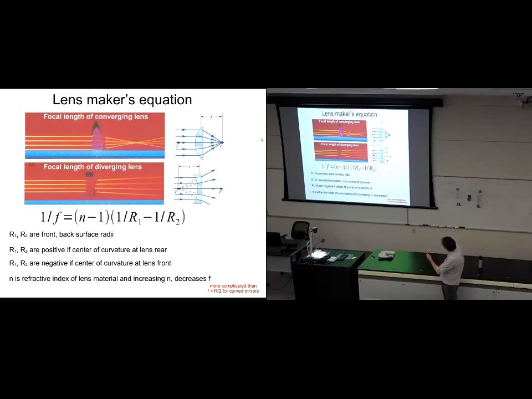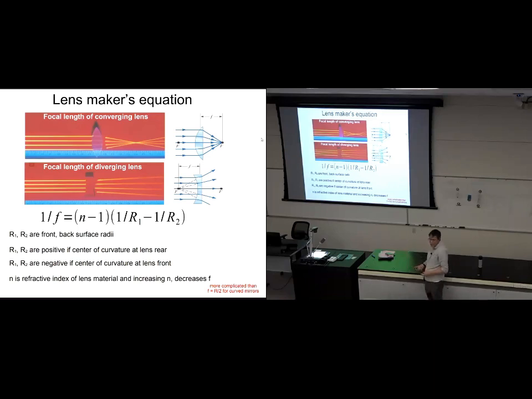So for example, take this lens up here. The radius of curvature of the front side, that's the left-hand side, is over here, somewhere on the back side of the lens, so that's positive. The radius of curvature of the back side of the lens, R2 over here on the right-hand side, is somewhere over here, so that would be a negative radius of curvature.